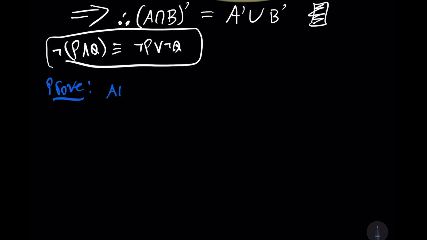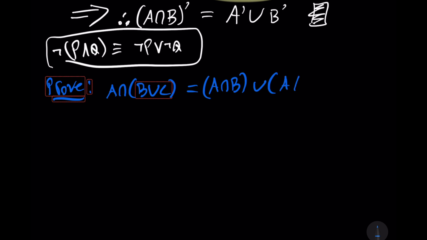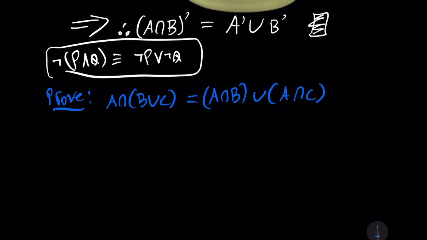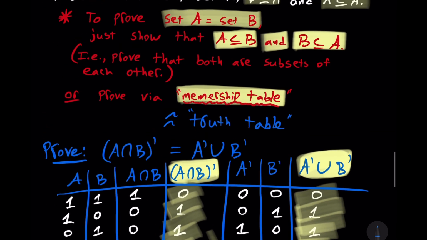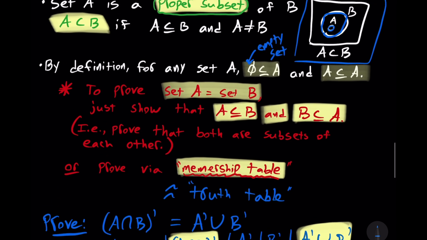that A intersection B union C is equal to A intersection B union A intersection C with a direct proof. We will let X be an element of A intersection B union C. And our goal here, recall, is to prove that both are subsets of each other.